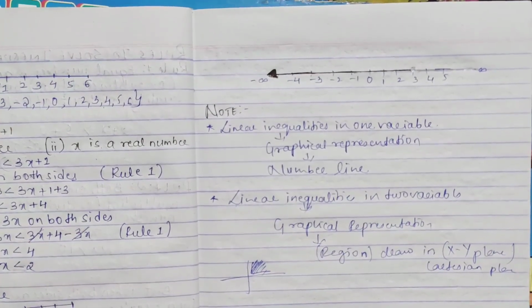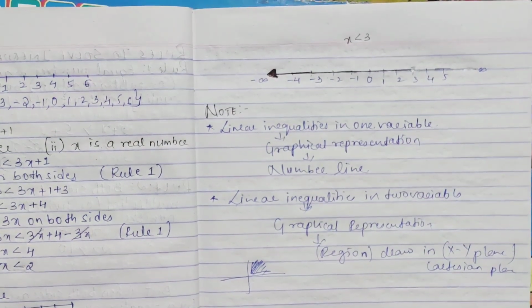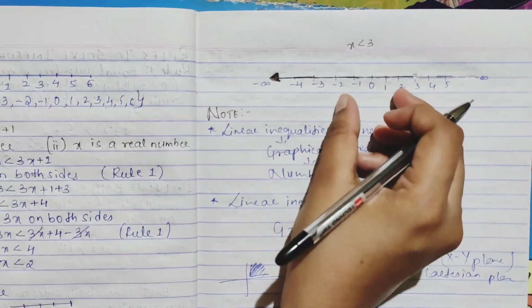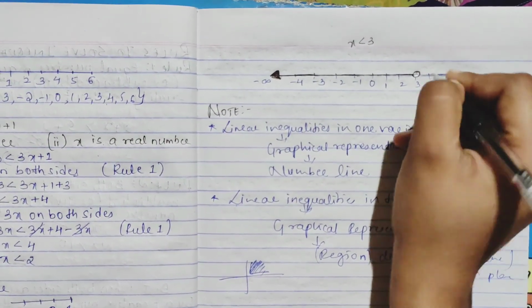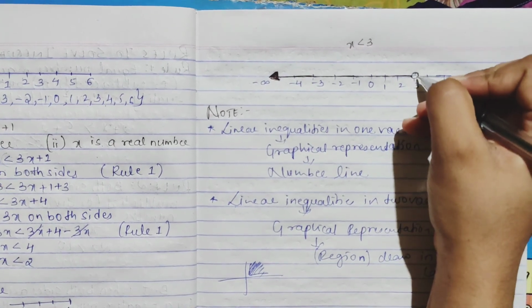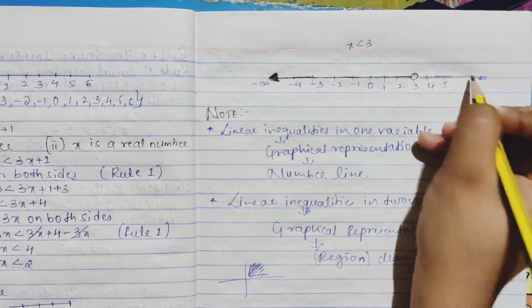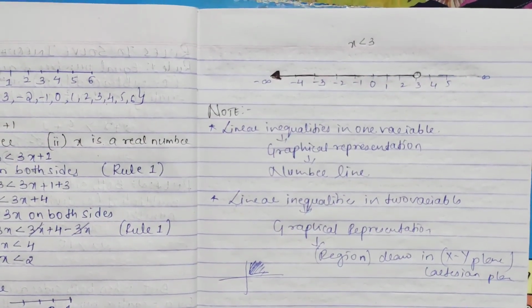In your question, it is x less than 3. To represent it on a graph, x is not included, so don't shade it. I mistakenly didn't observe that and observed it later.